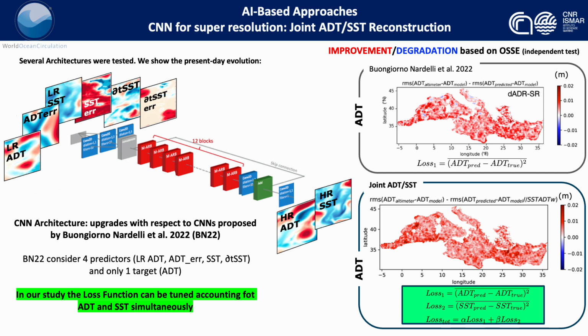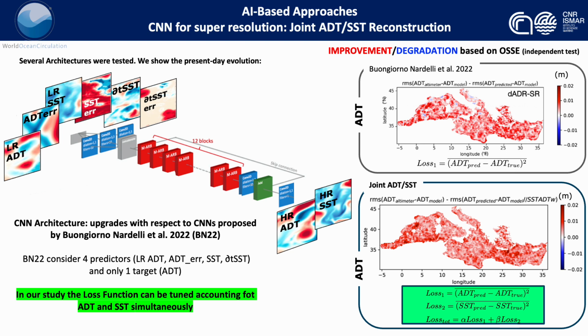To first assess the improvements of this new architecture compared to the results published in 2022, we can compare the ability of the neural network to produce high-resolution absolute dynamic topography with respect to, let's say, standard altimetry, so standard satellite products. This is expressed by the red areas in the maps provided on your right.